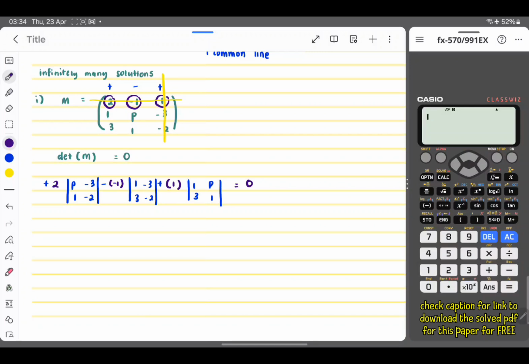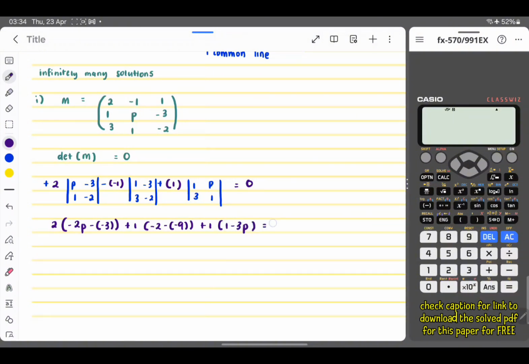Okay, now we have to find the determinant for each 2 by 2 matrix. So it would be 2, this one would be negative 2P minus negative 3, plus 1. Here would be negative 2 minus negative 9, plus 1, 1 minus 3P.